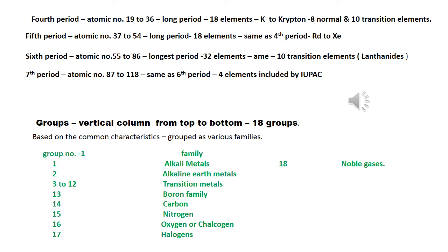Likewise, finally, all scientists agreed to make the modern periodic table like this. This modern periodic table is very useful for us to go through the atomic number and chemical properties, and on which basis the elements are classified in the period and the group.